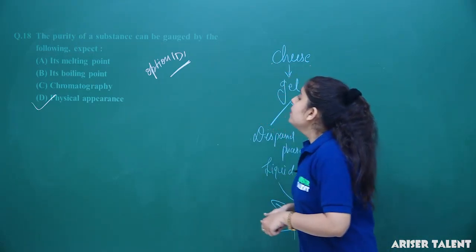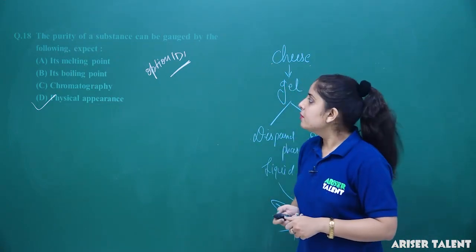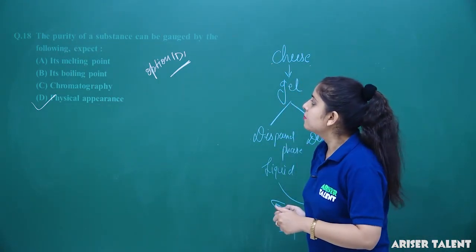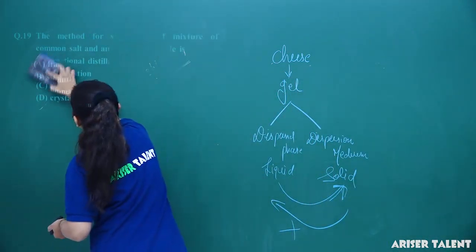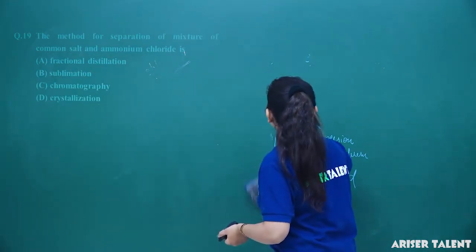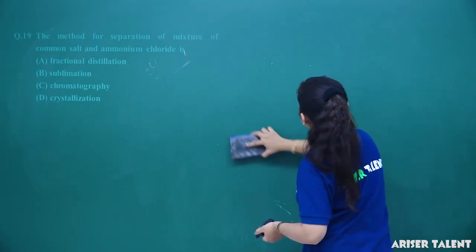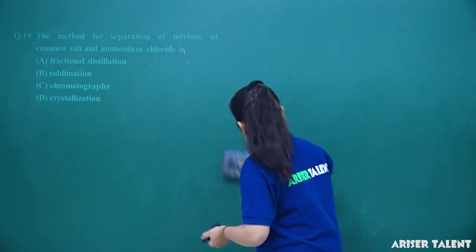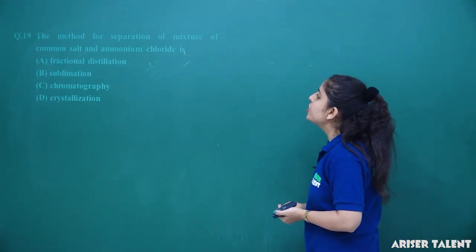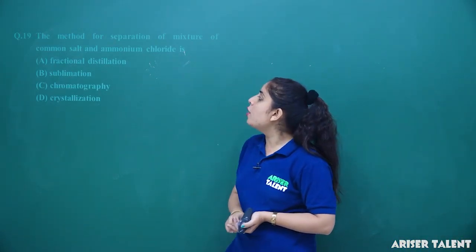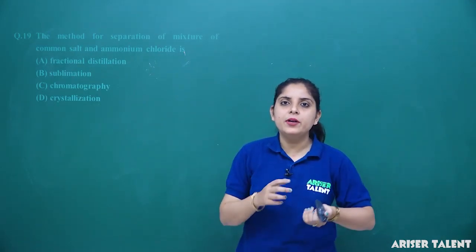Now, let's move forward to the last question of our competitive exam level questions, question number 19. The question is asking the method used for separation of a mixture of common salt and ammonium chloride. Again, the same type of question but with a different compound.